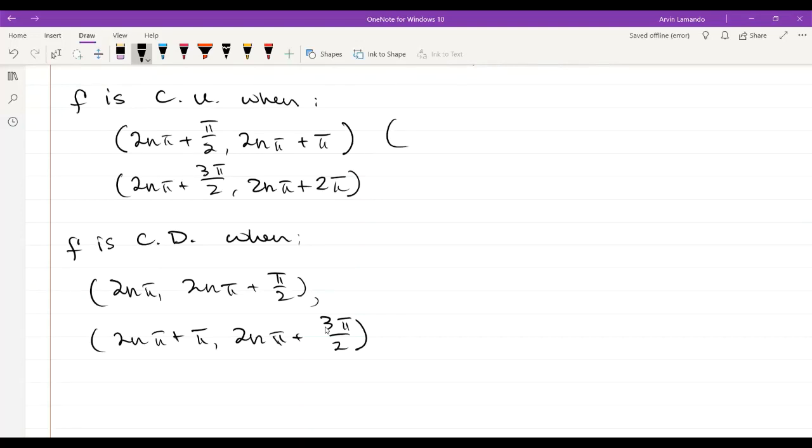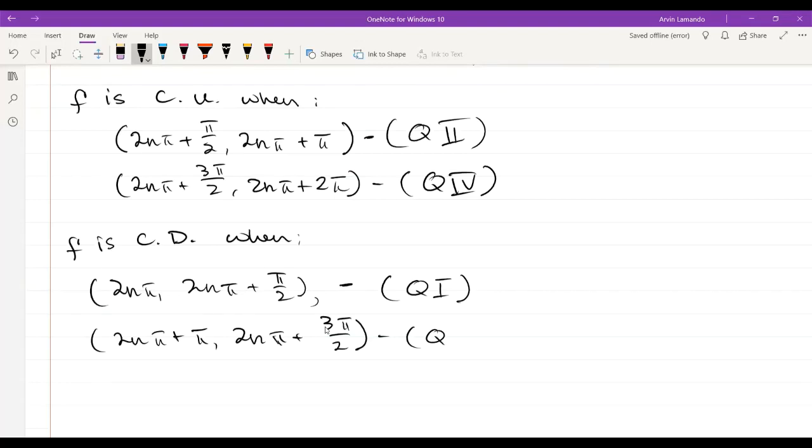So just to make this clearer, the concave up intervals are the second quadrant and the fourth quadrant, and the concave down intervals are the first quadrant and the third quadrant.